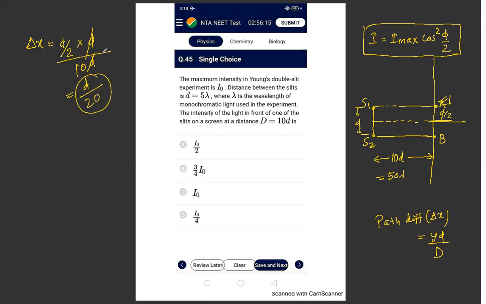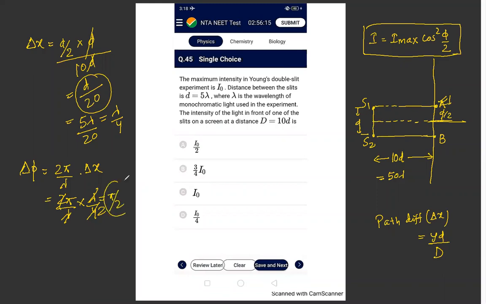Written in terms of lambda, it is 5 lambda by 20, equal to lambda by 4. The phase difference is 2 pi by lambda into delta x, which is 2 pi by lambda into lambda by 4. Lambda and lambda cancel, so we get pi by 2. This is your phase difference.